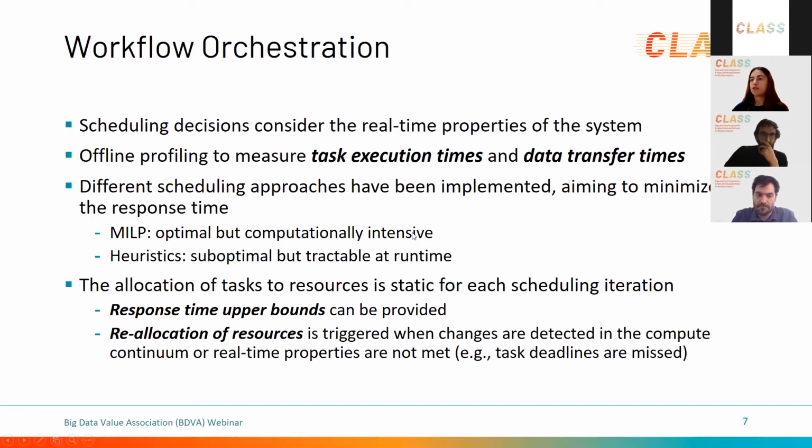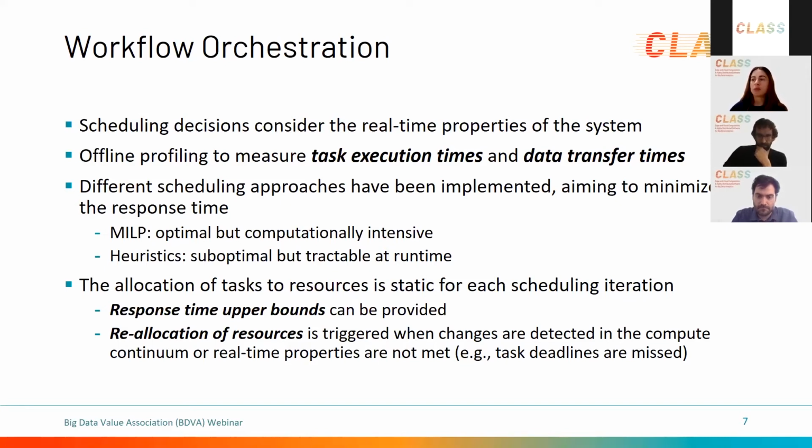So once we have this profiling, we can apply different scheduling policies that all share in common that they aim to minimize the response time. So we have tested with an optimal solution, a mixed integer linear programming model that is, of course, optimal, but is computationally intensive.